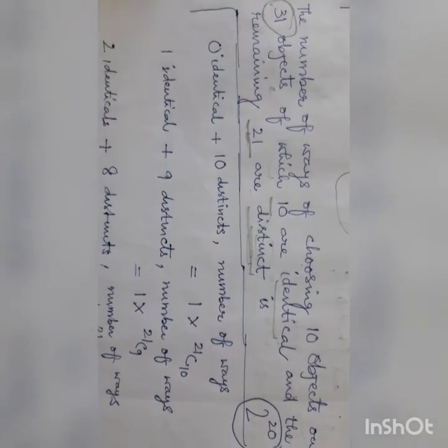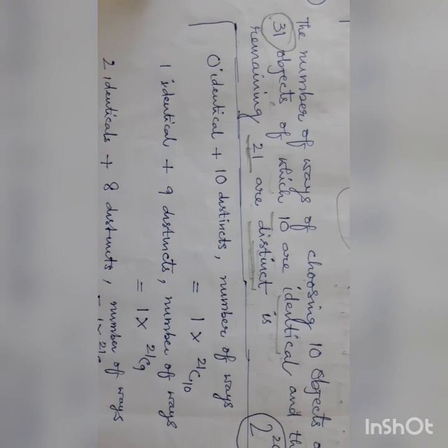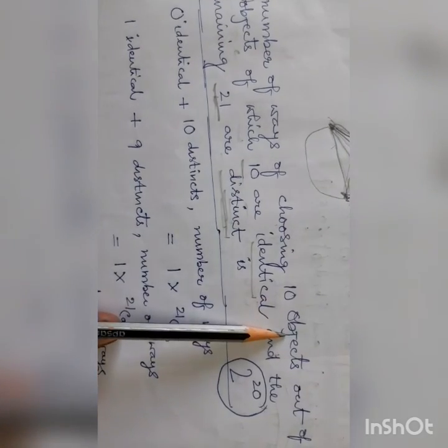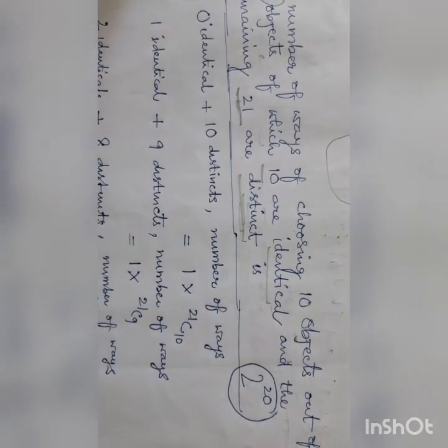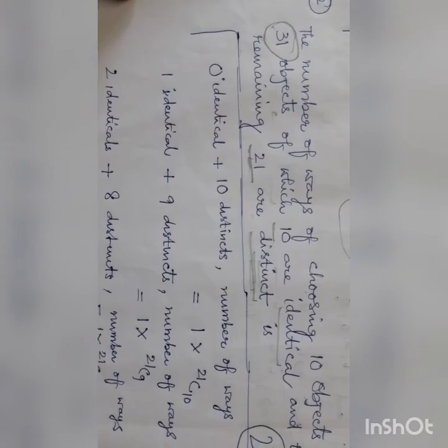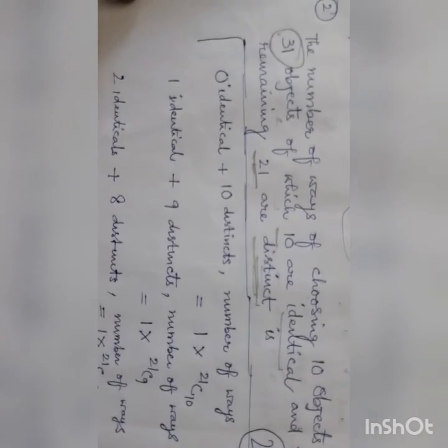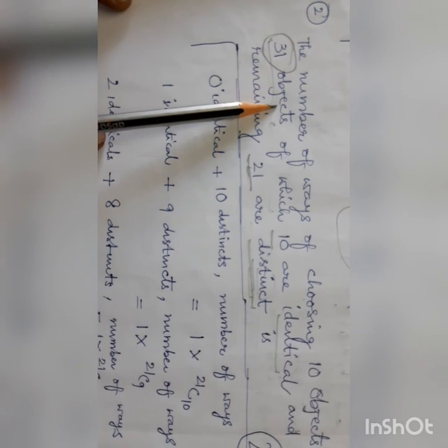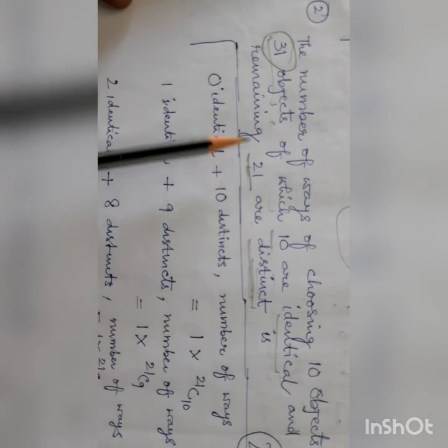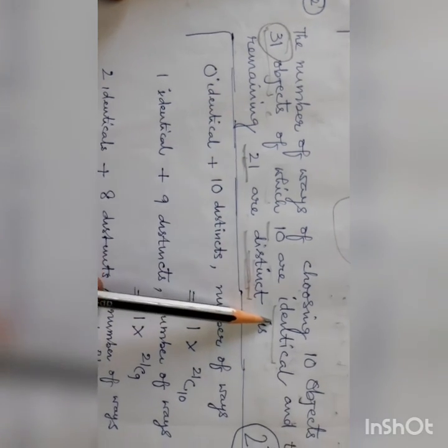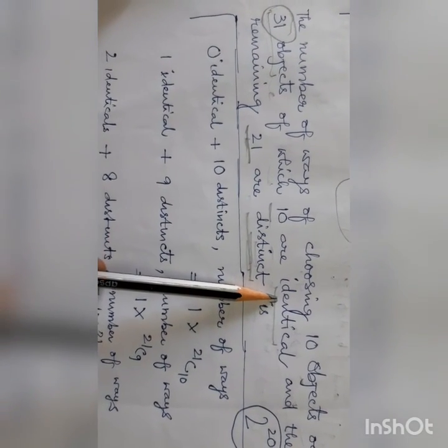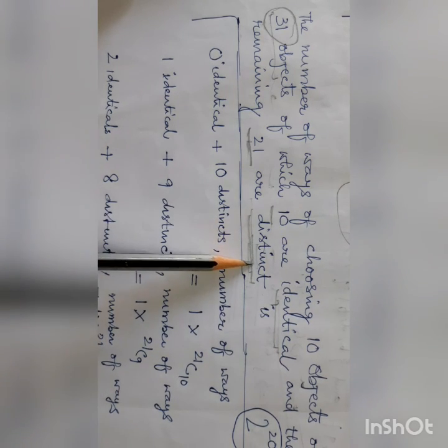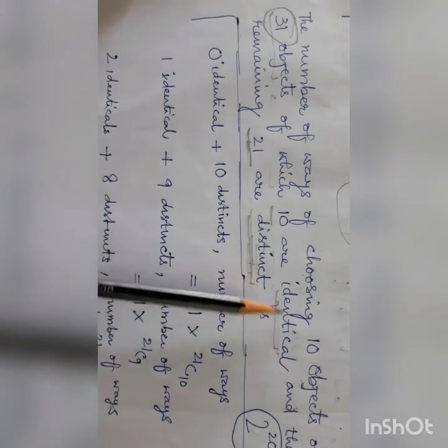It's a good question. 2019 JEE Mains. The number of ways of choosing 10 objects. So if you want to choose 10 objects out of 31 objects, automatically some identical objects and some distinct objects will be chosen.